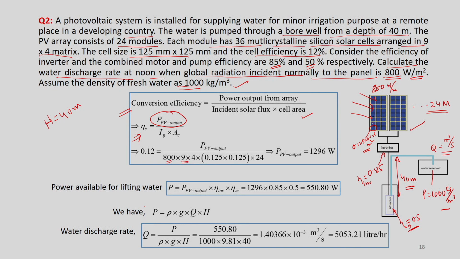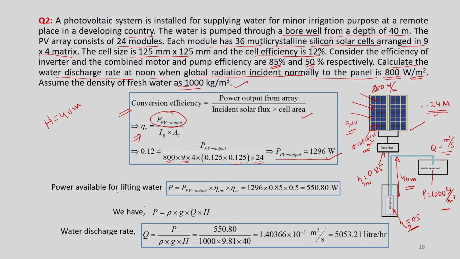The cells are arranged in a matrix of 9 by 4, that is 4 columns and 9 rows, and the cell area is 0.125 multiplied by 0.125, and we have 24 such modules. From that we can calculate the PV output. It will be 1296 watt.